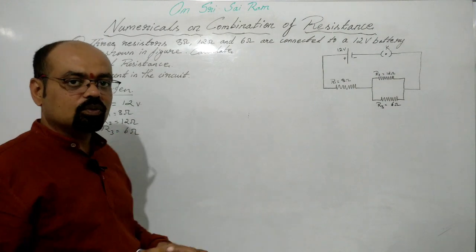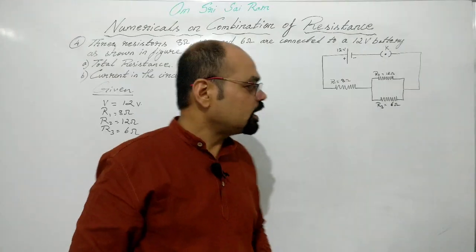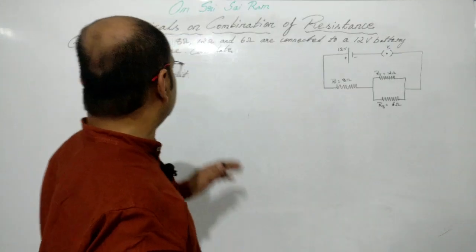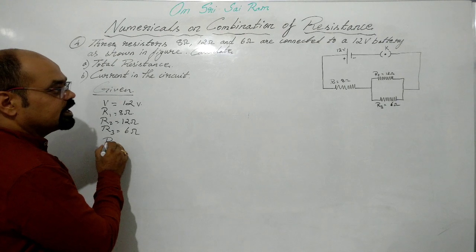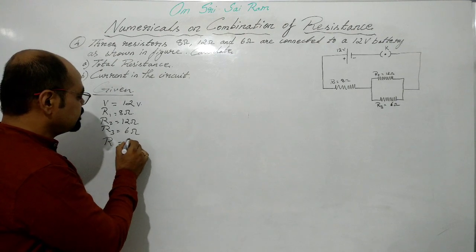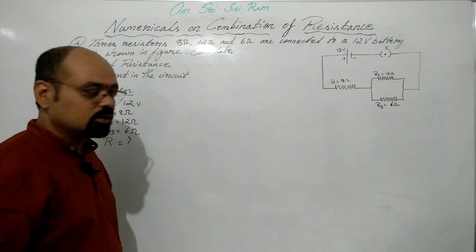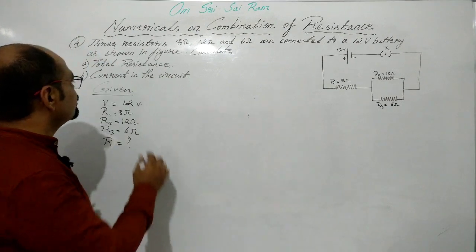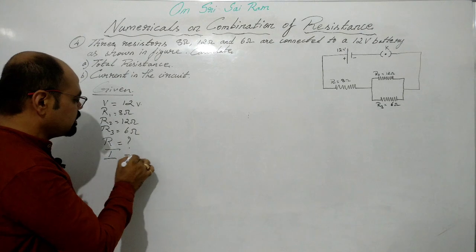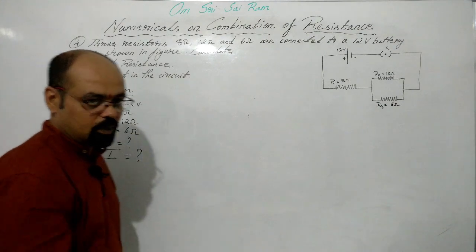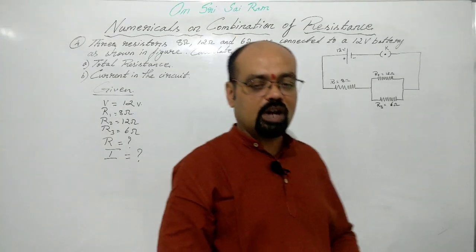These are the values that are given. Now we need to find the total resistance, so R, total resistance, is equal to question mark. They have also asked us to find the current in the circuit, so that will be the total current, I is equal to question mark. These are the two things that we have to find.